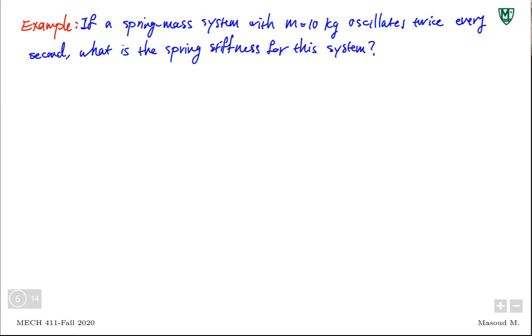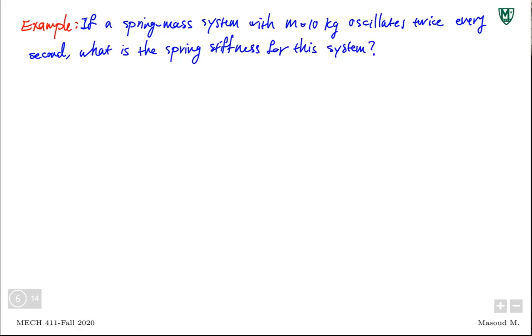We defined natural frequency, if you remember, using 2 units: one was radian per second, the other one was hertz. Does anyone remember what hertz was, or the definition of natural frequency in hertz?